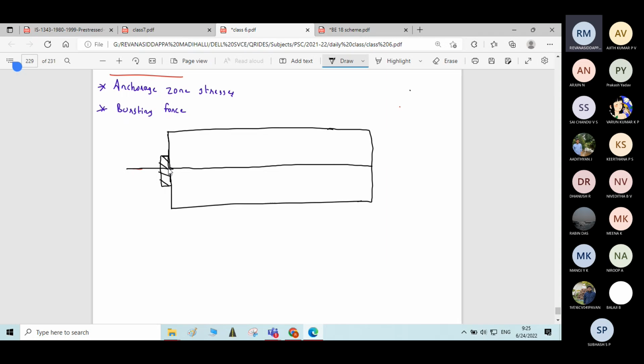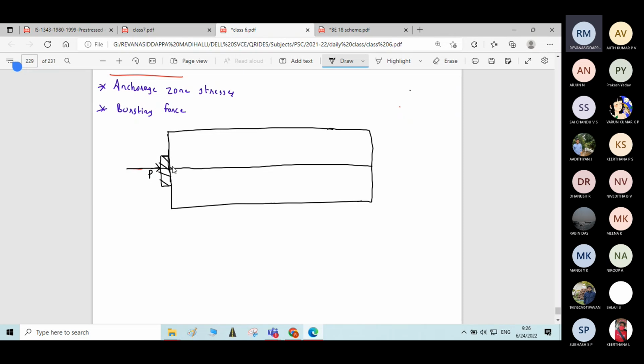When you stretch the wire, it will tend to reduce its length. It will undergo elastic contraction, it will try to contract elastically. That is why the compressive pre-stressing force P will be induced in the pre-stressing wire.